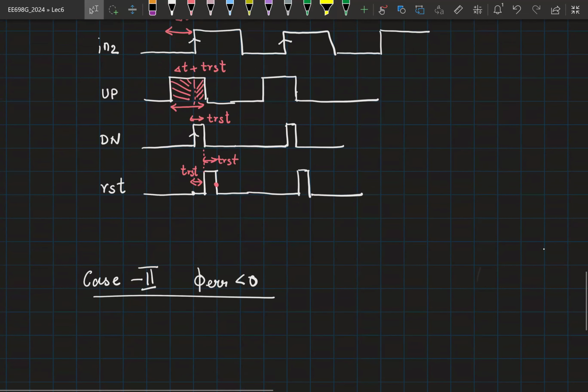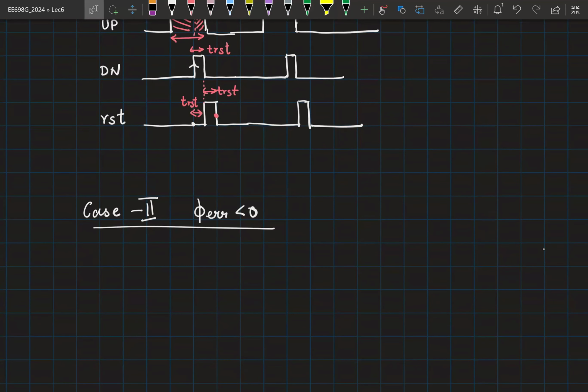So did you sketch the waveform for the reverse case? Yeah. Did everyone sketch? Please try.